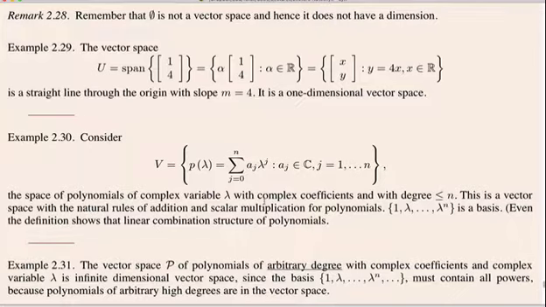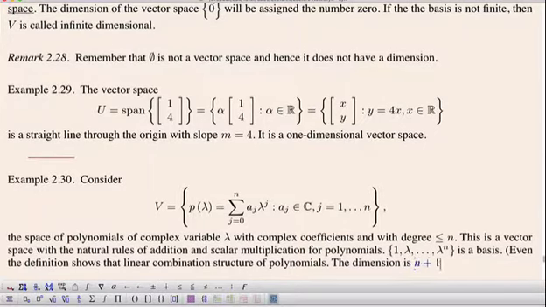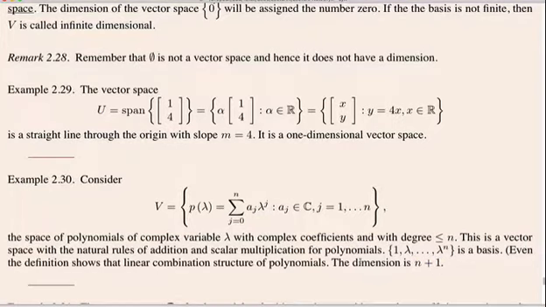So we see that this is actually n plus 1 dimensional, since we start with the 0 power and it goes up to n. So altogether n plus 1 basis elements.